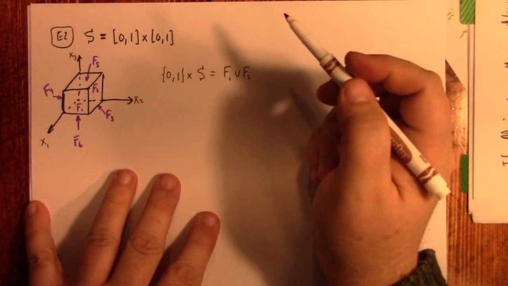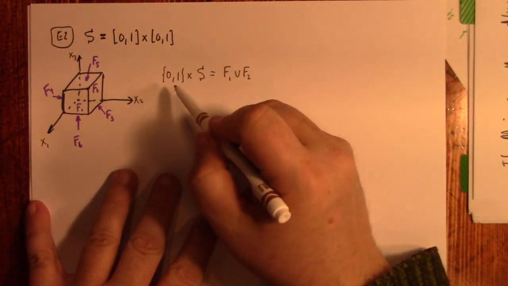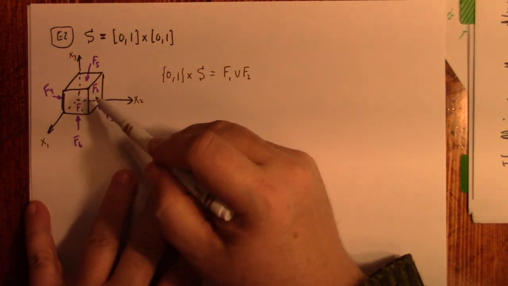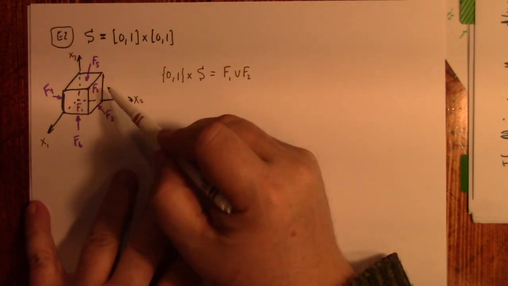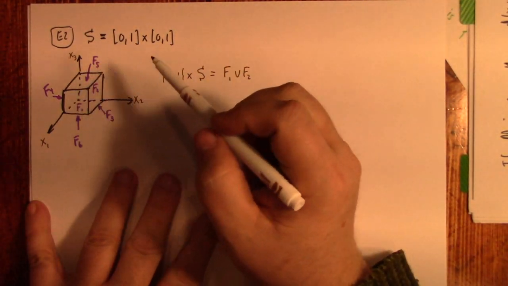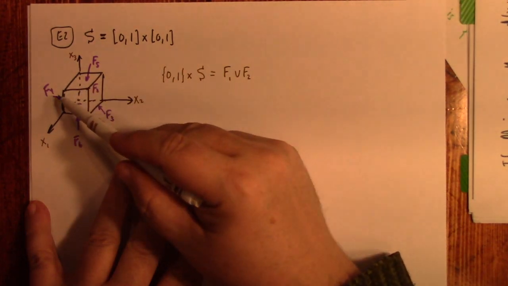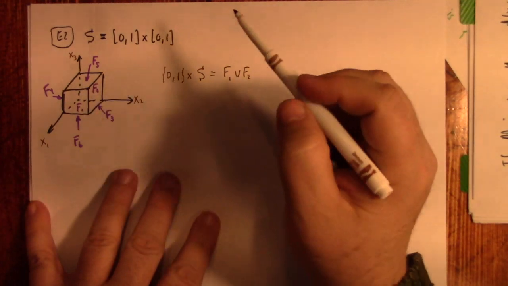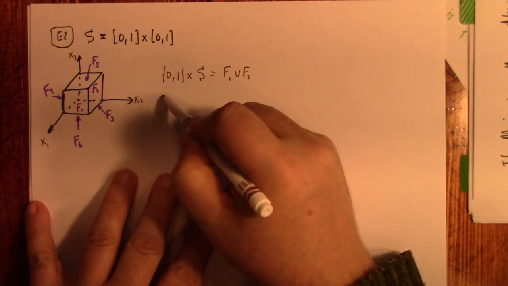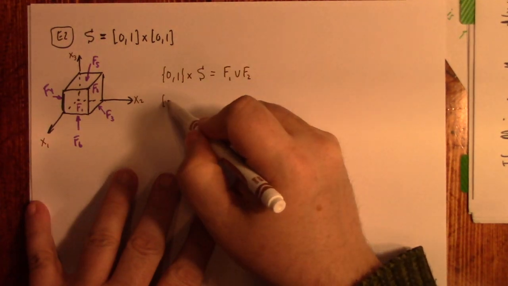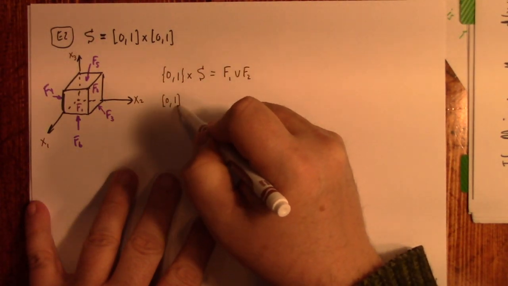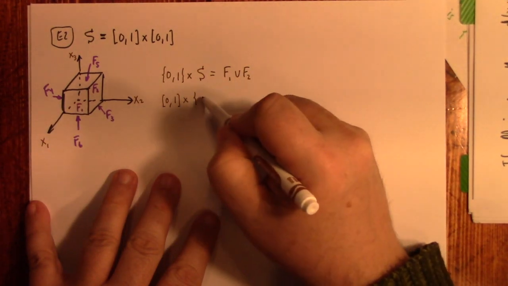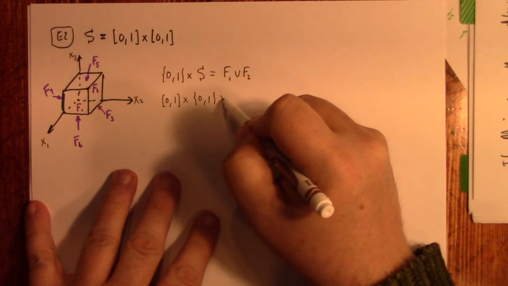And then, let's see here, to get faces 3 and 4, here and here, that's where we have x2 equal to 0 and x2 equal to 1. I can't do this again. I guess I'll have to do, well, I'm not sure this is really very helpful, but I'll do 0, 1 Cartesian product the set 0, 1 Cartesian product 0, 1.